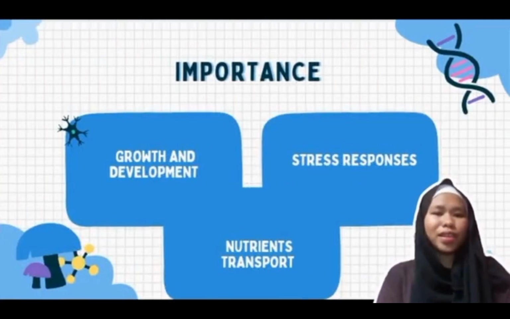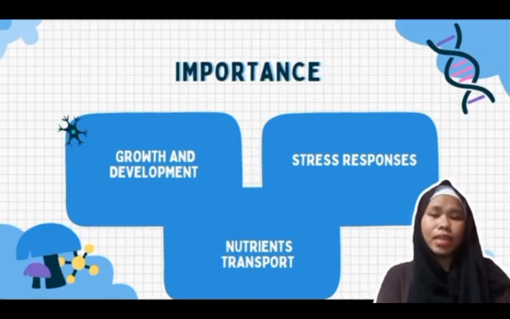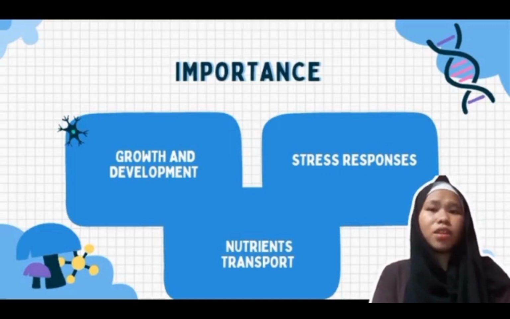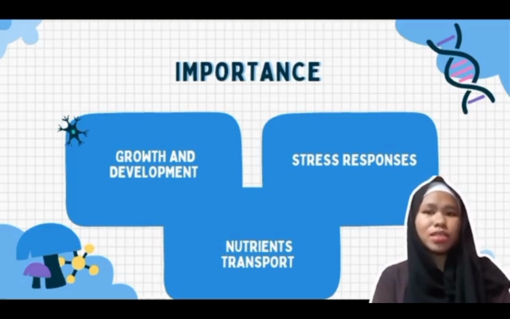So now let's talk about its importance. Plasmodesmata are essential for plant life, playing a critical role in growth and development, stress responses, and nutrient transport. In growth and development, they facilitate communication and coordination between cells, enabling proper tissue development and organogenesis.